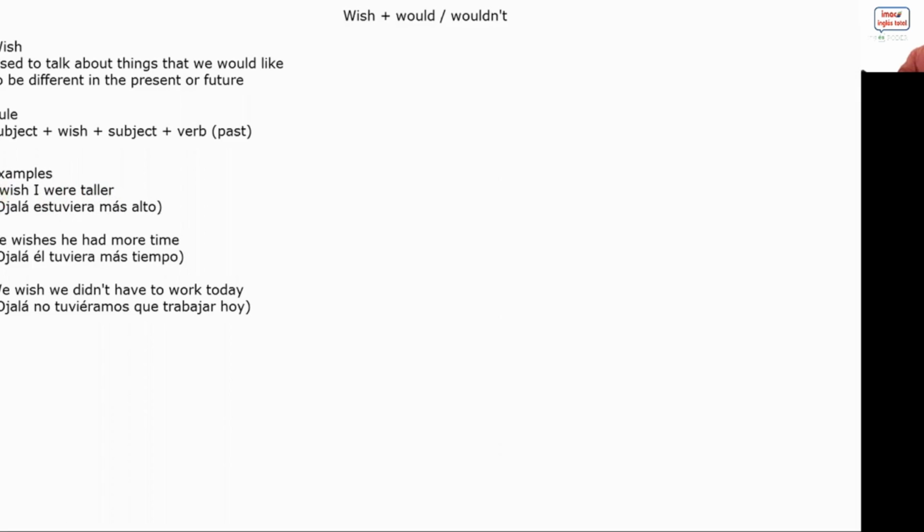Another example we can analyze is, he wishes he had more time. Ojalá él tuviera más tiempo. O él desearía tener más tiempo. En cualquiera de los dos casos, la intención del mensaje es exactamente la misma. He wishes he had more time.